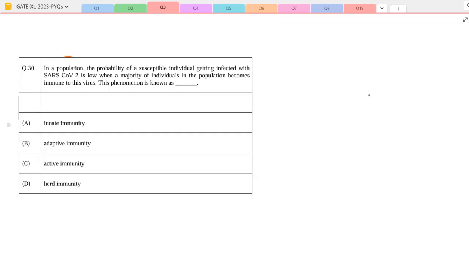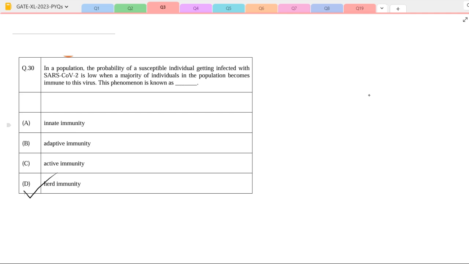In a population, the probability of a susceptible individual getting infected with SARS-CoV-2 is low when a majority of individuals in the population becomes immune to this virus. So this phenomenon is known as, so this is a very simple question. In fact, you would have heard a lot about this during the COVID-19 pandemic, and the correct option here is herd immunity.